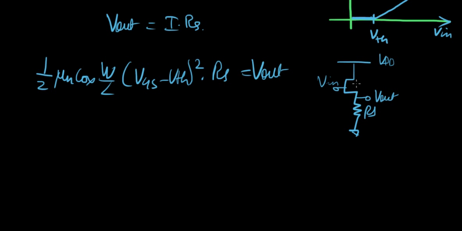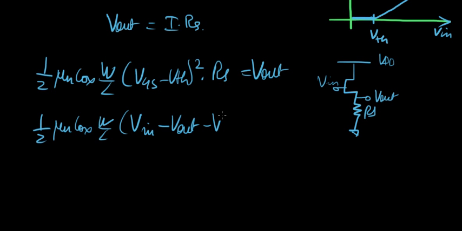So that's all it is. It's pretty straightforward. Let's substitute that here and see what we get. Half mu n C ox W over L times V in minus V out minus VTH, the whole square, times RS equals V out, right?